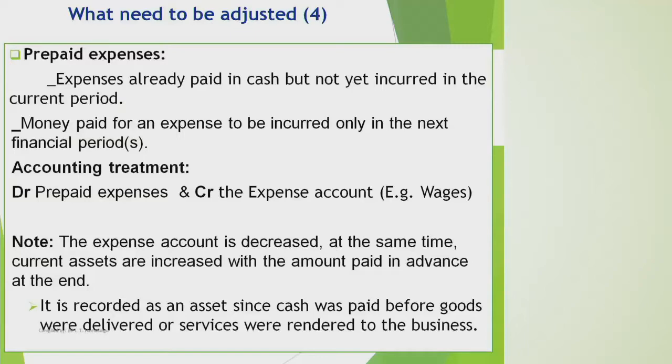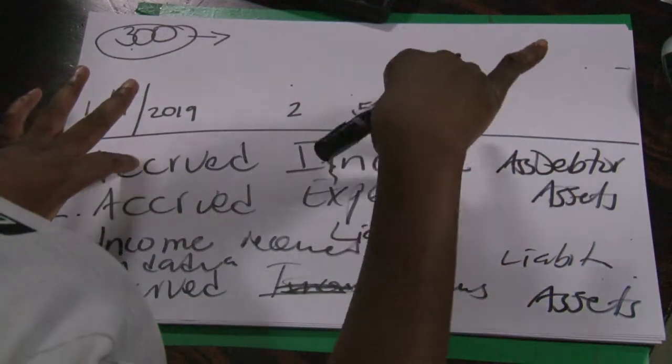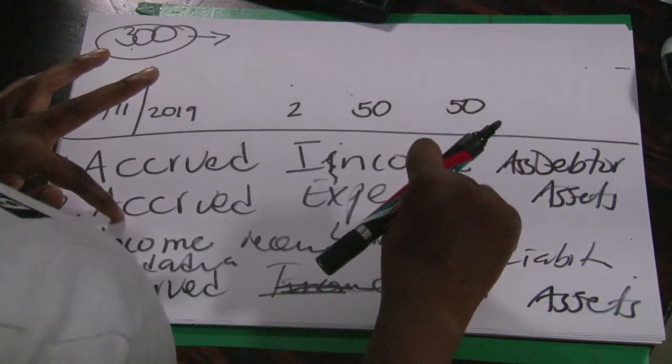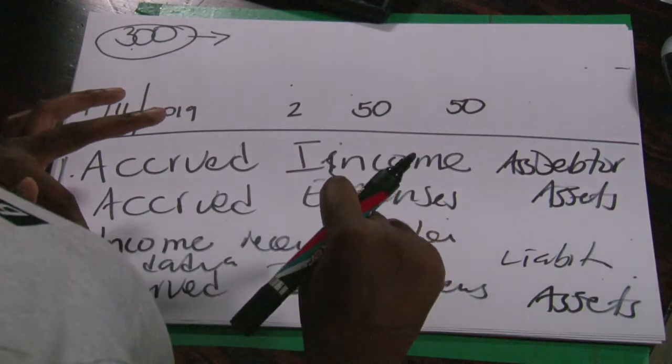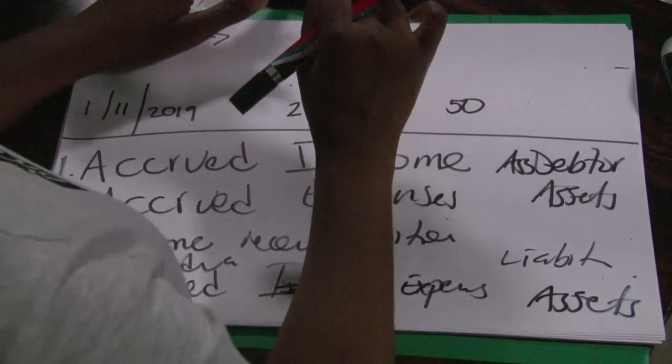So when your business decided to pay off quickly, there are suppliers, but they haven't received any work from the supplier yet. So the suppliers are owing your business. So this becomes an asset. So you just know accrued income and accrued expenses, those are assets. Accrued expenses, income received in advance, those are liability, and then you should know how to treat them.